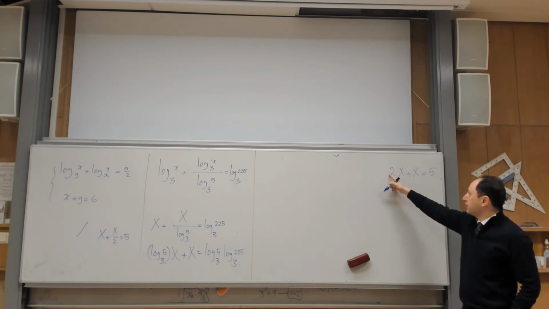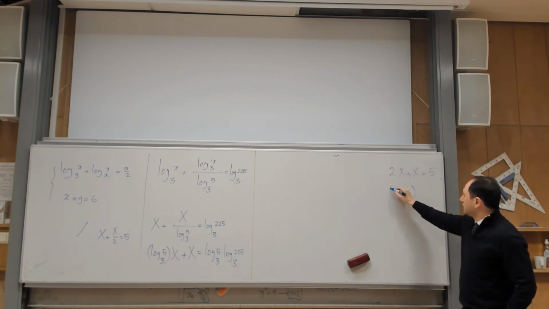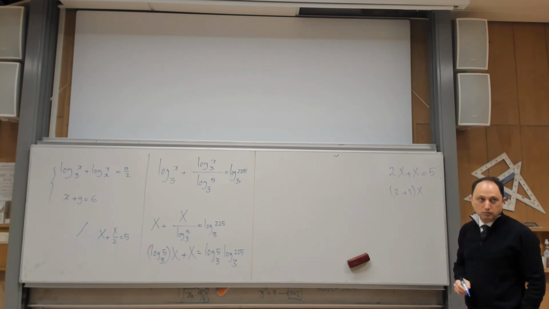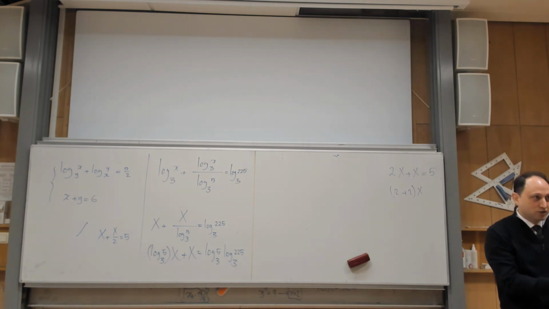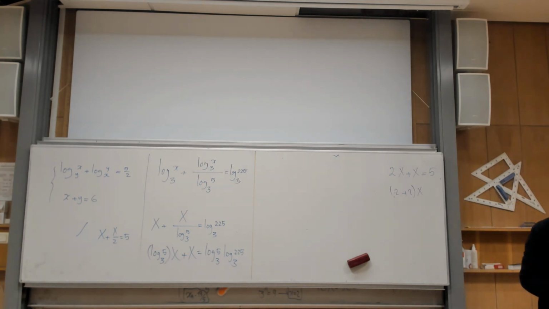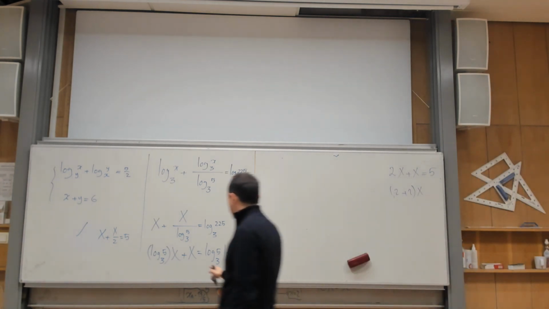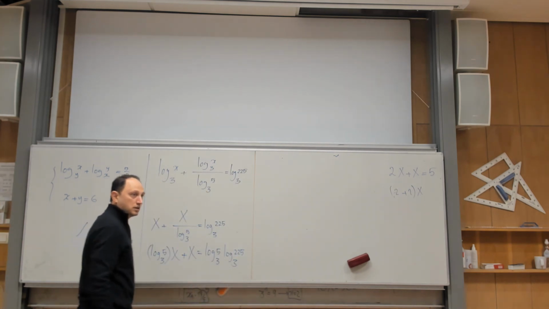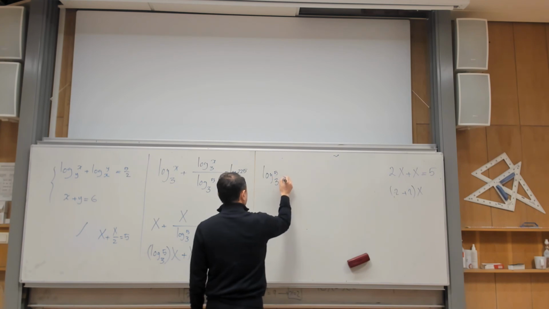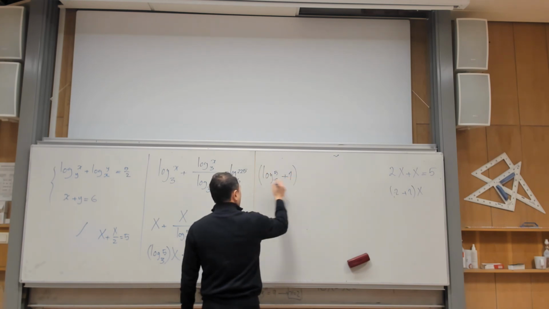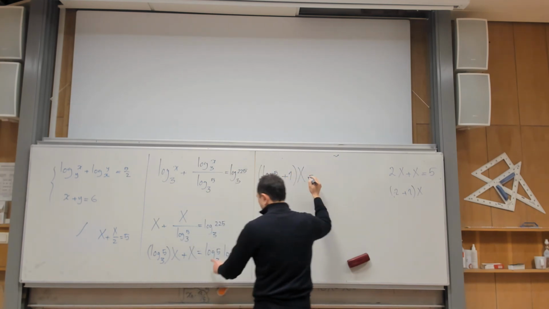The reason that you write 3x is because you say 2 plus 1 times x. But because these are so simple, you do it in your head, even you don't recognize that you are using distributivity laws. So this is the same thing, I factor it out. Yes? So then it becomes what? Log of 5 to the base 3 plus 1, times x, is equal to this guy.